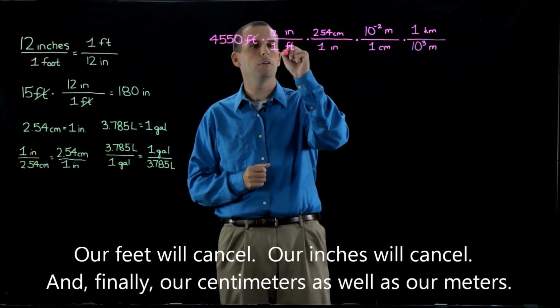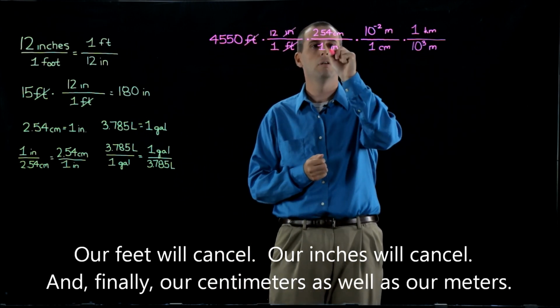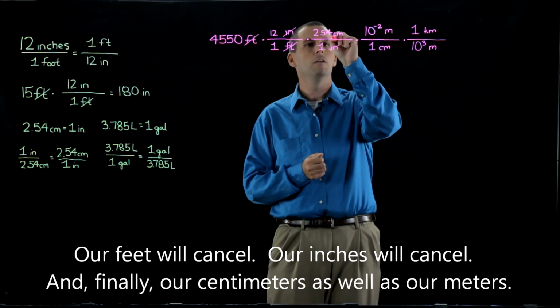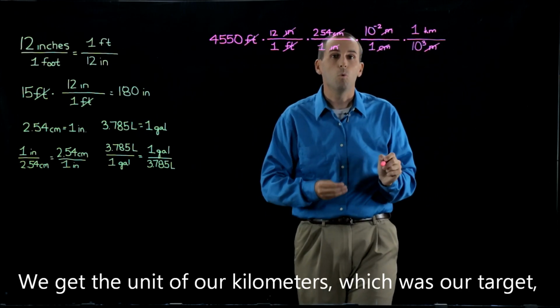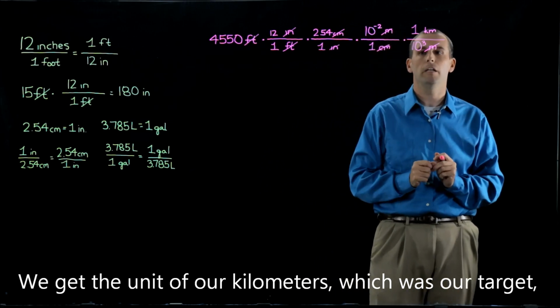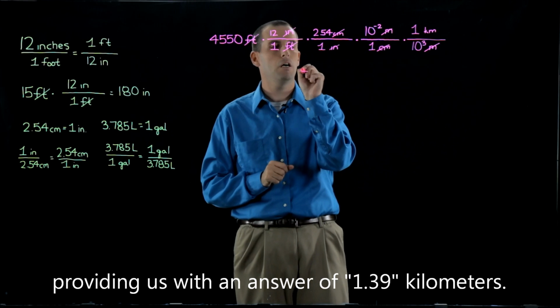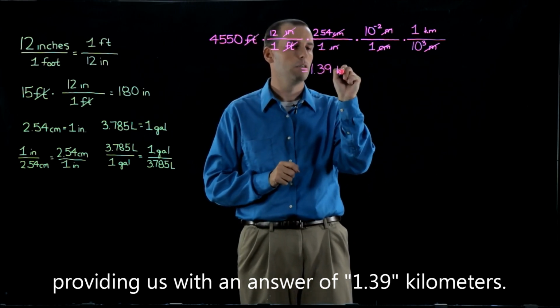Our feet will cancel. Our inches will cancel. And finally, our centimeters as well as our meters. We get the unit of our kilometers, which was our target, providing us with an answer of 1.39 kilometers.